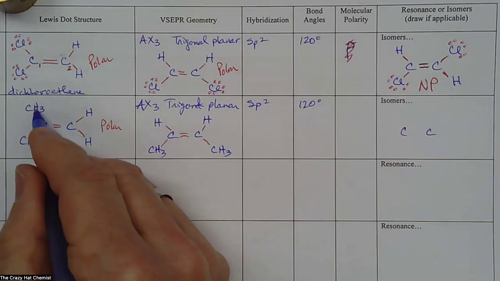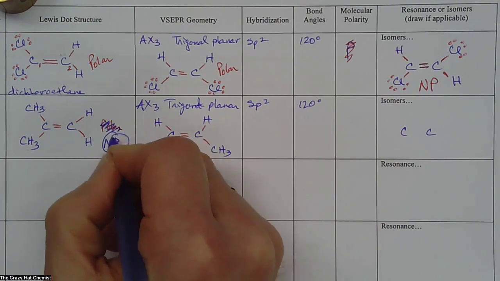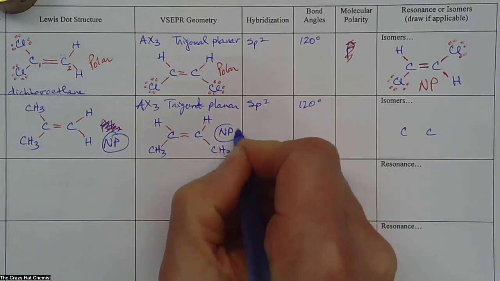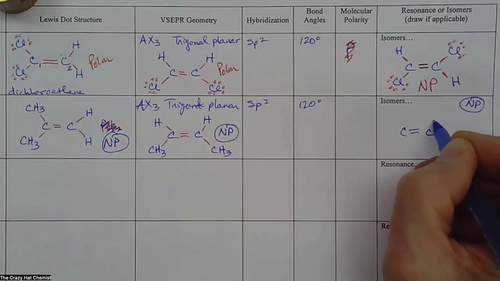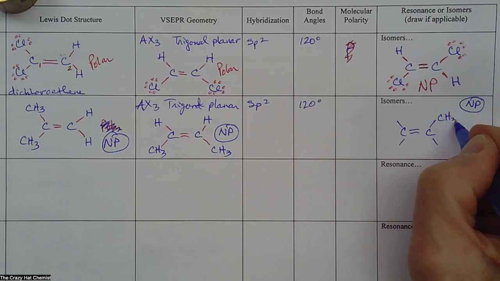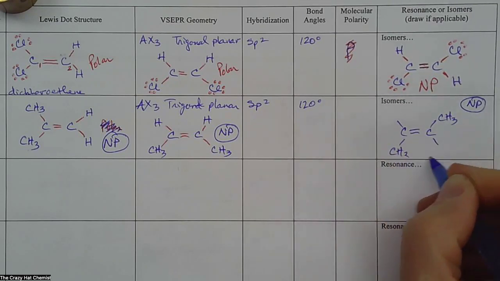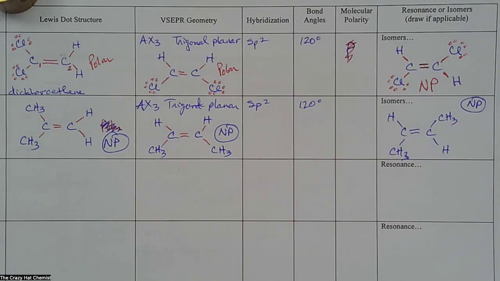And then since this is truly just a hydrocarbon, we would actually classify this as non-polar. This is a very special case, kind of outside of the box on all of these here, but hopefully you get the kind of basic concept here. We're going to have the CH3 group here, the CH3 group here, and the hydrogens here like this. Okay, this isn't going to be too much of a big deal one here for us.